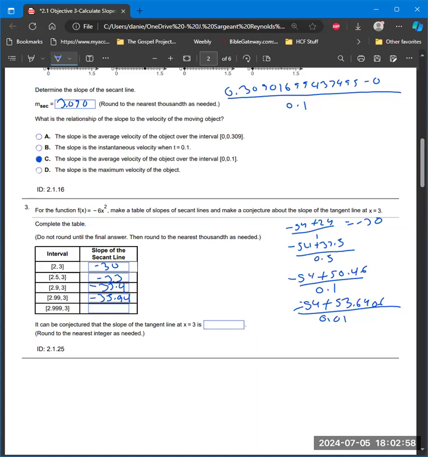And last but not least, we have negative 54 plus 53.964006 over 0.001.